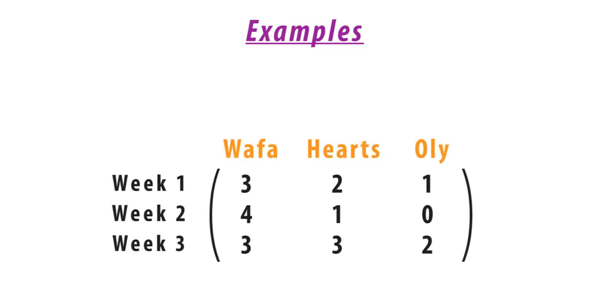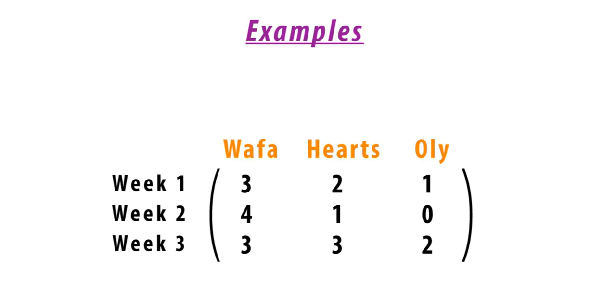We have WAFA, Hearts, Olympics, and then week 1, week 2, week 3. So the matrix that comes out of that is (3, 2, 1; 4, 1, 0; 3, 3, 2).